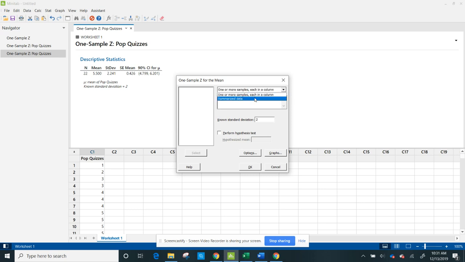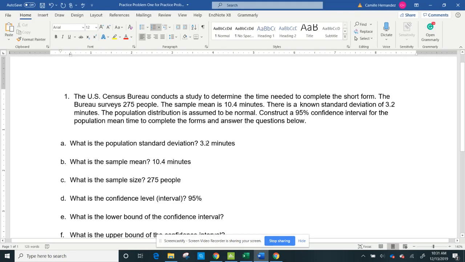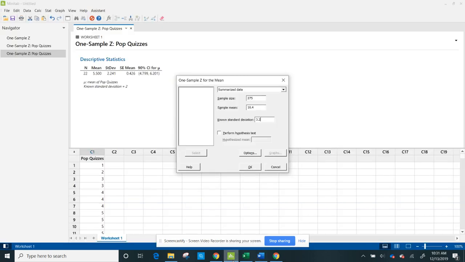Then it pops up different fields. My sample size was 275, my sample mean was 10.4, and the known standard deviation was 3.2. All I'm doing is putting in Minitab what I already have.